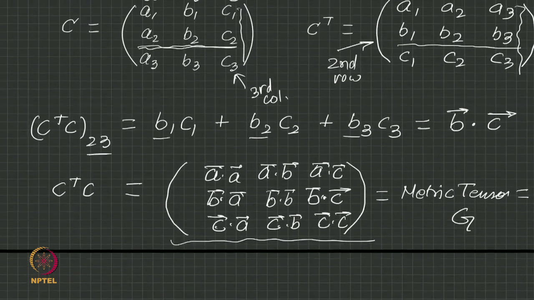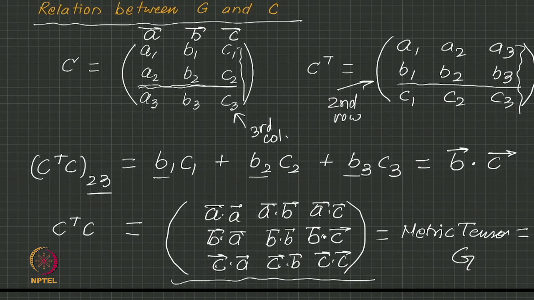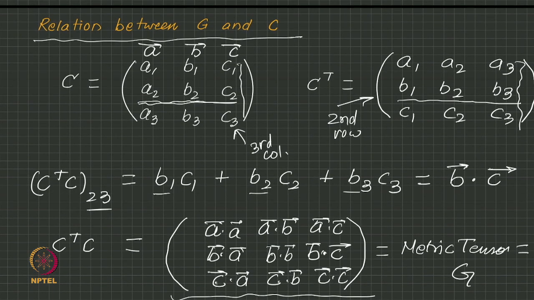How did we write the dot product? Yes, the 2 3 term. In the transpose matrix, the second row is B 1, B 2, B 3. That is the components of the basis vector B in Cartesian coordinate system, because C is transforming the basis vectors to Cartesian system.